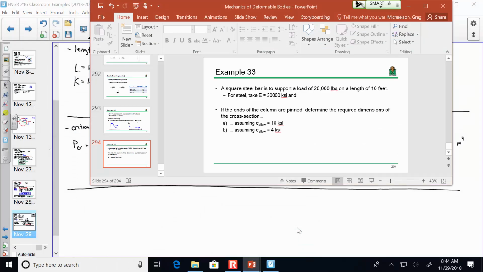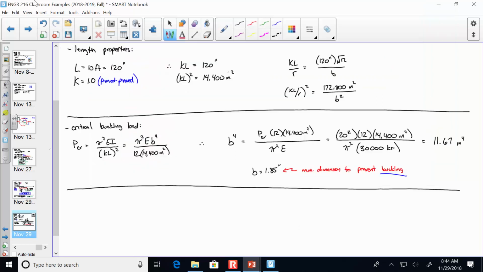All right. So the problem gave us 2 allowable stresses. If the ends of the column are pinned, determine the required dimensions of the cross section, assuming sigma allowable is 10 KSI, assuming sigma allowable is 4 KSI. Okay. So let's handle that.